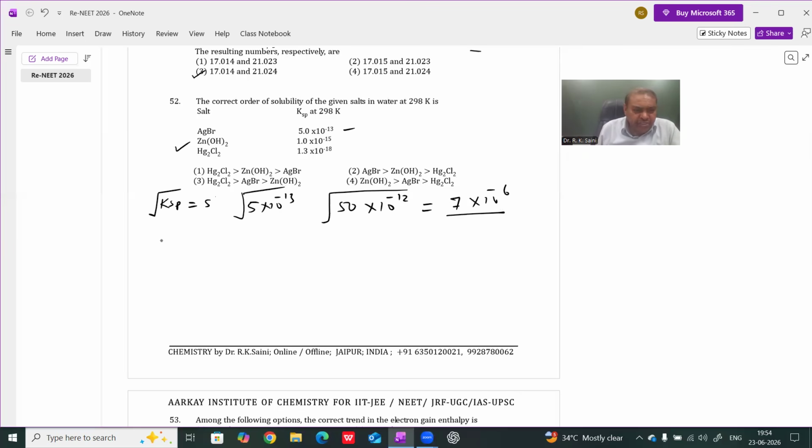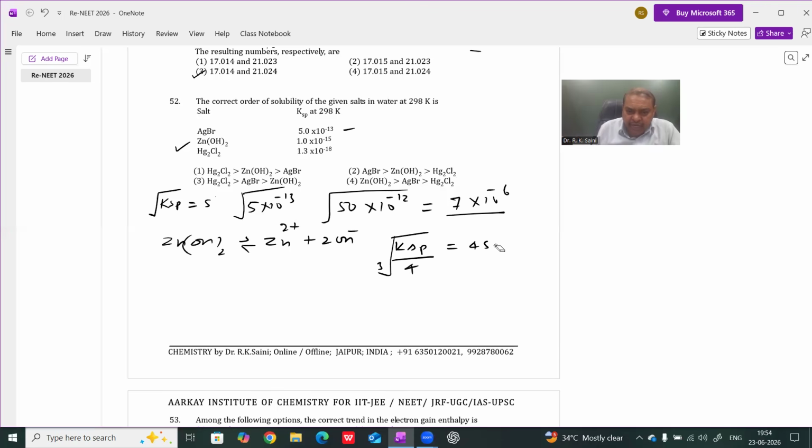Then in case of zinc hydroxide, Zn(OH)2 gives 1 mole of zinc and 2 moles of hydroxide ion. Therefore, its KSP equals 4S cube, and hence S is the cube root of KSP divided by 4.